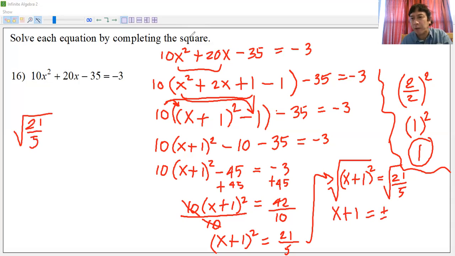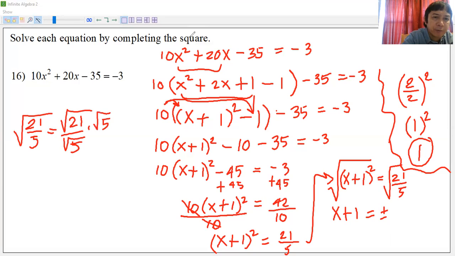We can reduce the denominator such that it will not have a square root, by making it the square root of 25, because this is something like the square root of 21 over the square root of 5. You can split that into a square root divided by a square root. So you can introduce here a square root of 5 over square root of 5, making the denominator the square root of 25. And then for the numerator, you can multiply the radicands. That gives us 105.